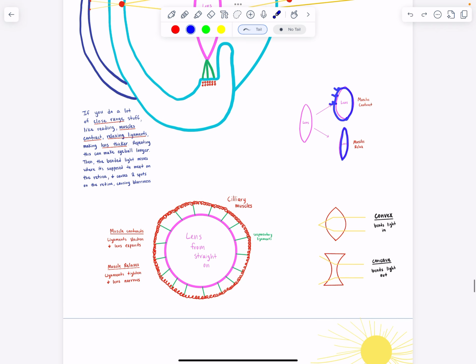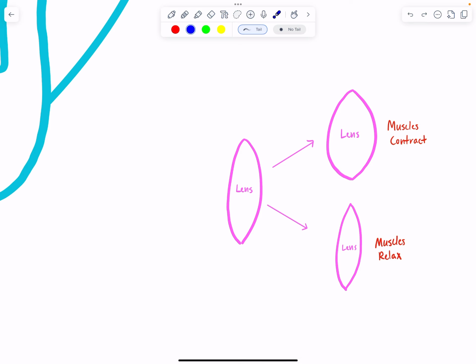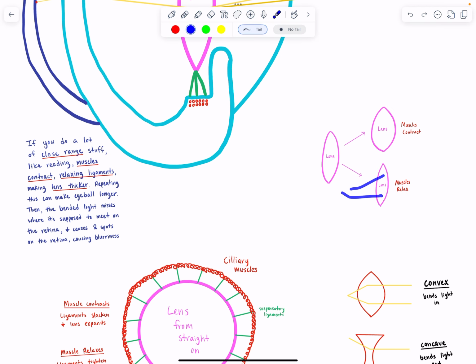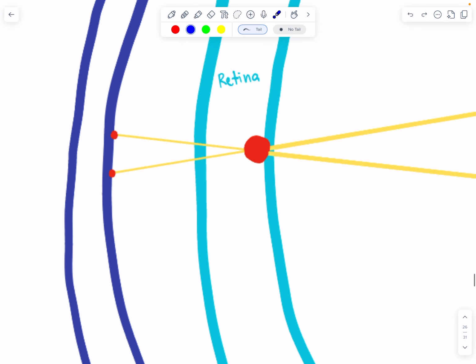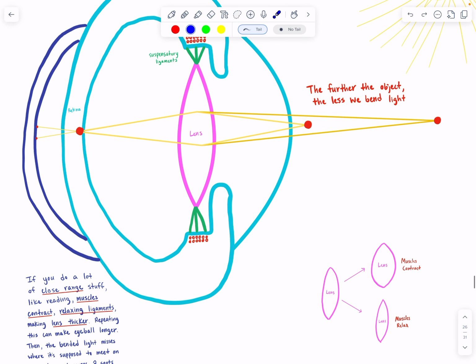So again, this is the case when we're seeing things close. When the lens is fat like this, it bends light a lot more sharply. And again, the opposite with this, less sharp. Actually, if we do a lot of close stuff, like reading a bunch, then our lens can become a little more stuck like that, which leads to blurriness.